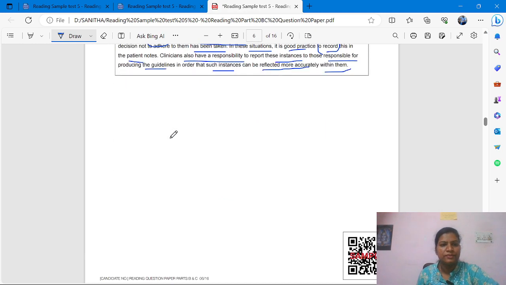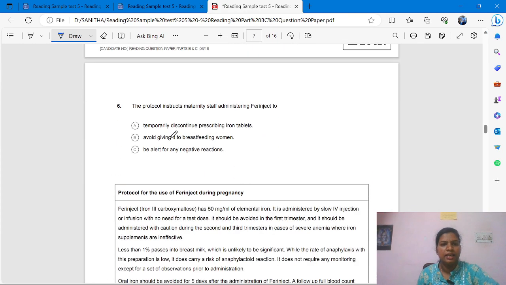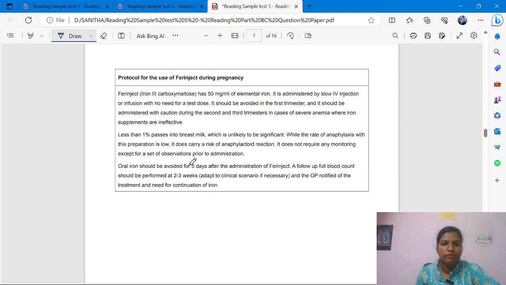Okay, then question 6. The protocol instructs the staff administering the injection to... Okay, then we have to read the paragraph. Protocol for the use of iron during pregnancy. Iron 3 carboxymaltose has 50 milligram per ml of elemental iron.